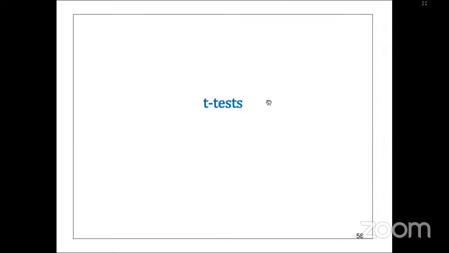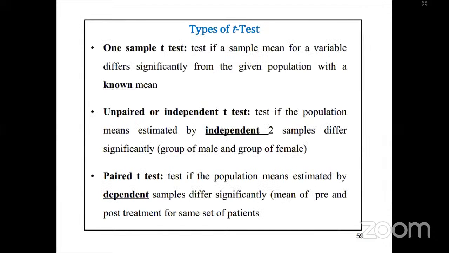So I'm now going to the t-test. There are three types of t-test: one sample t-test, then unpaired or independent t-test, and paired t-test.